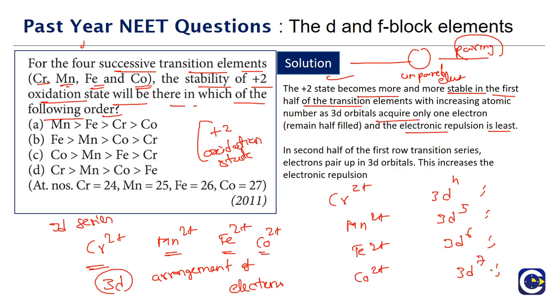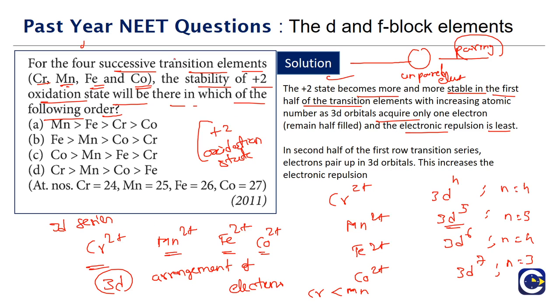That is the order of the elements: 3D4, 3D5, 3D6 and 3D7. So what do we expect? We expect that chromium will be less stable than manganese, because up to manganese we are reaching the highest number of unpaired electrons. Here the number of unpaired electrons is 4, here it is 5. 3D6 means we will pair one electron, so the unpaired electrons will be 4 only. In this case 3D7 means 2 of the d orbitals are paired, so the number of unpaired electrons is 3.